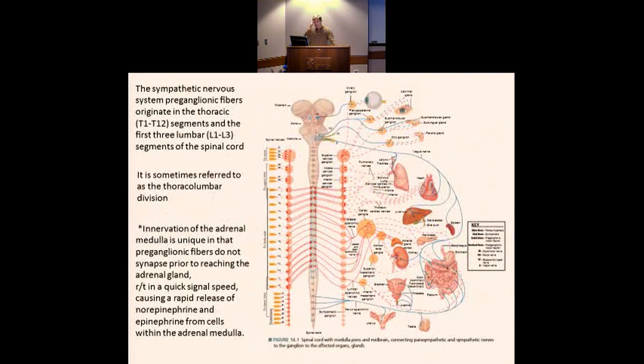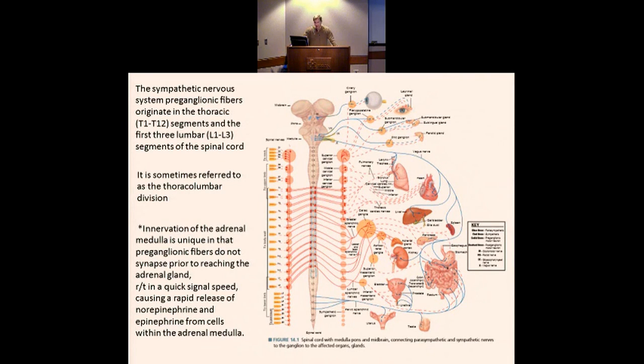So this is a very messy picture that has to do with the sympathetic nervous system. The main thing to know about your sympathetic nervous system is that it originates in your thoracic area, so T1 to T12, and all the way down to L3. So the lower half of your body is where the sympathetic signals arise from.